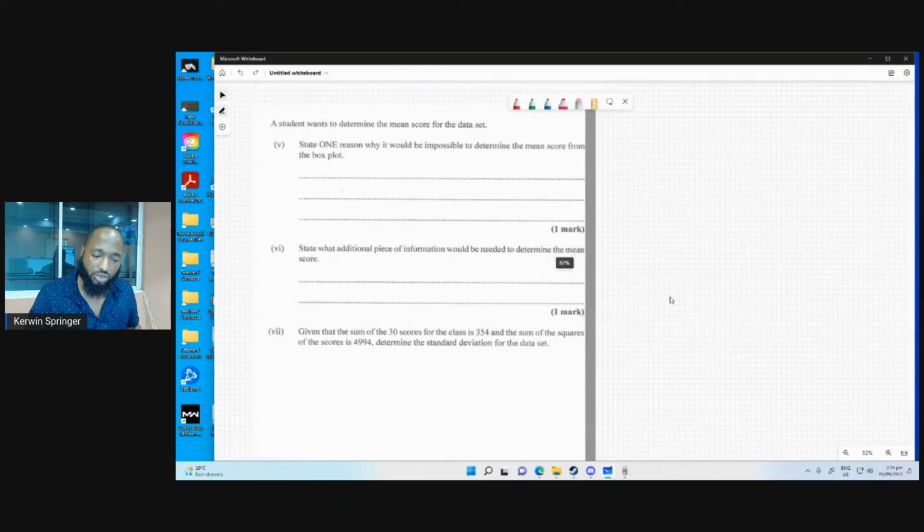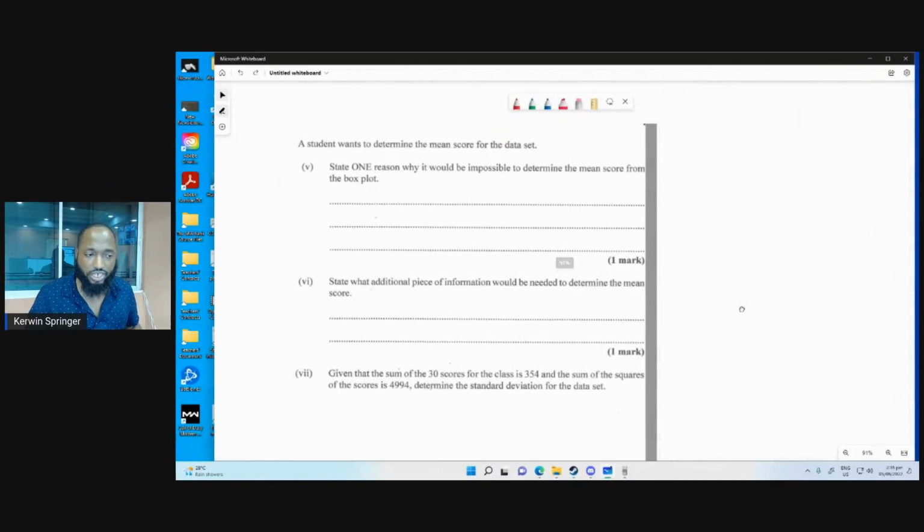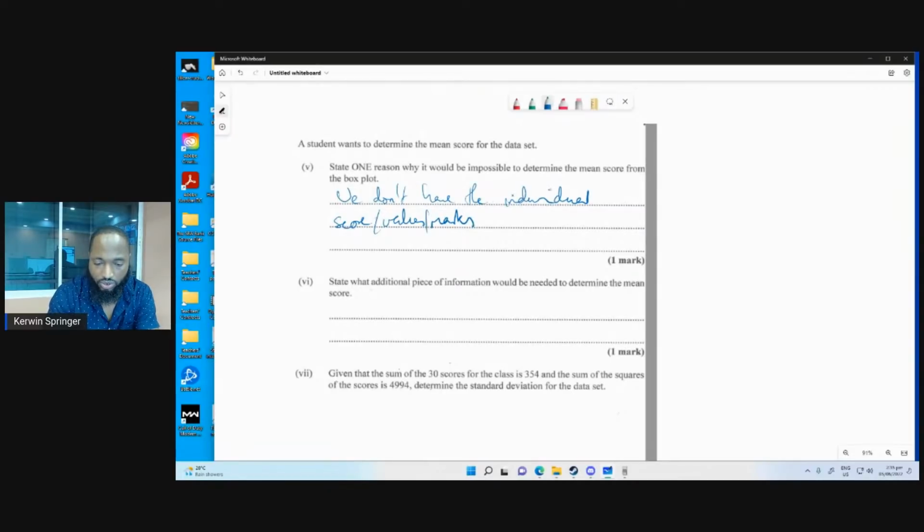A student wants to determine the mean score for the data set. Last question: state one reason why it would be impossible to determine the mean score from the box plot. We don't have the individual scores of the values. We do have the number of people in the set.